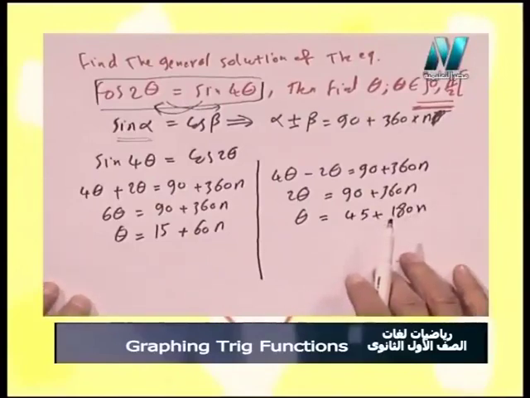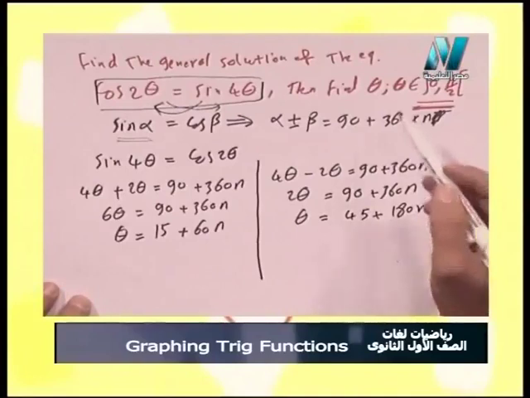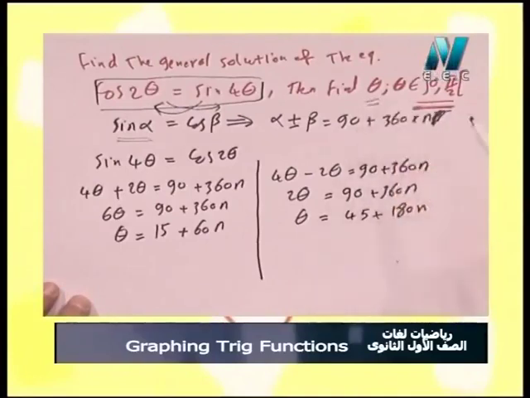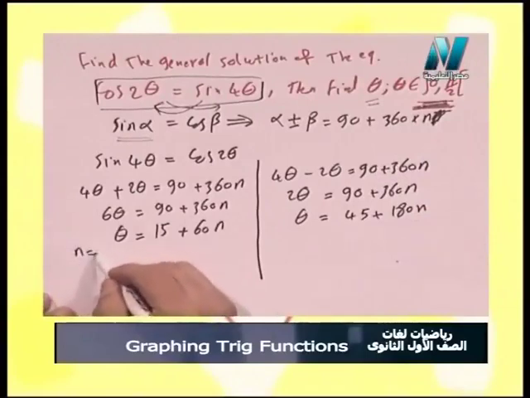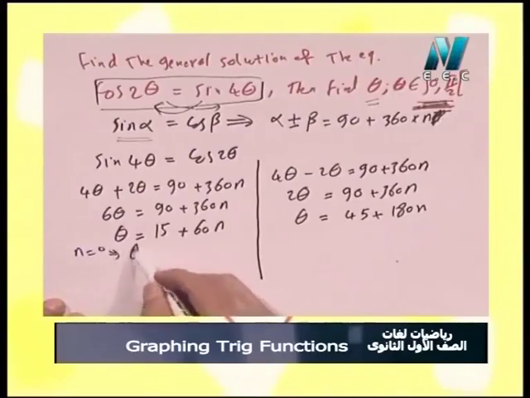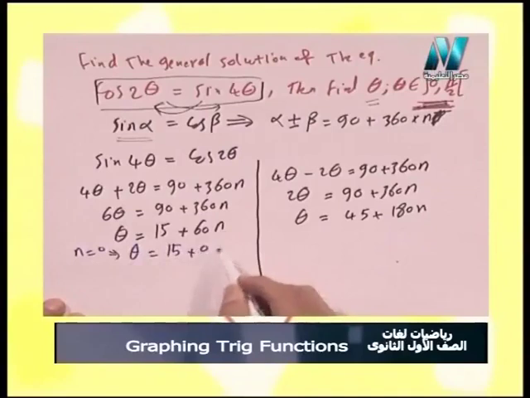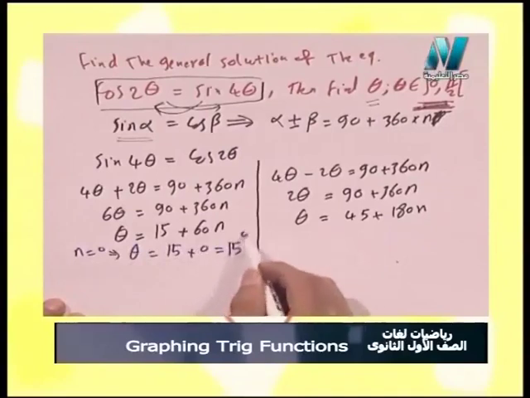Okay, he asked me to find the values of theta, but in this interval only. So put n equals 0. When we put n equals 0, theta will be equal to 15 plus 60 times 0, so it's 15 degrees.